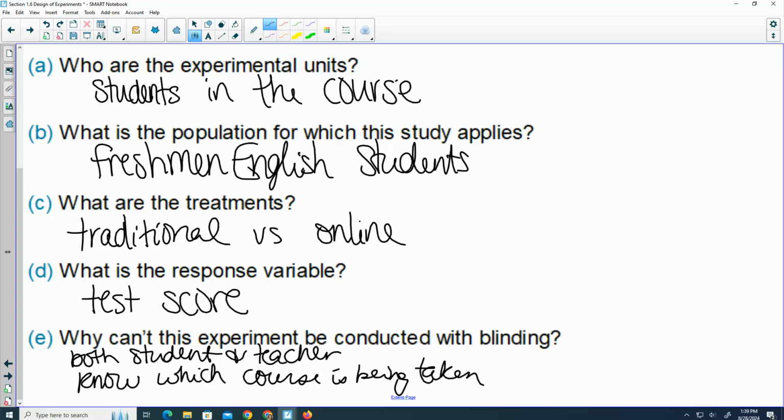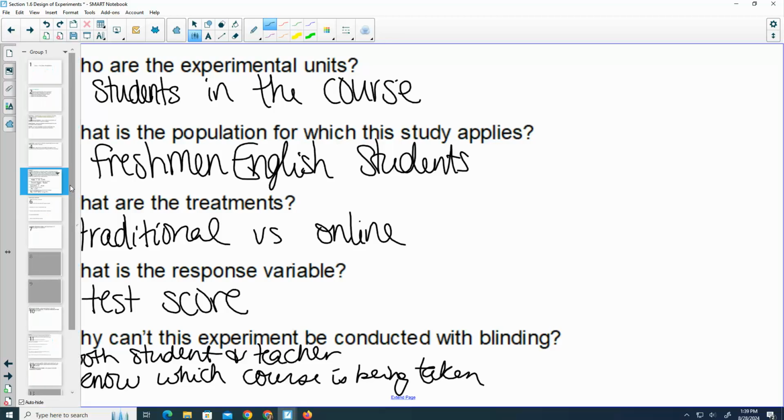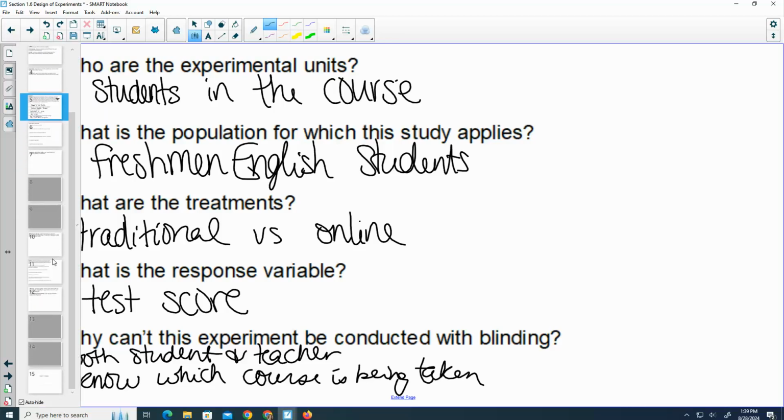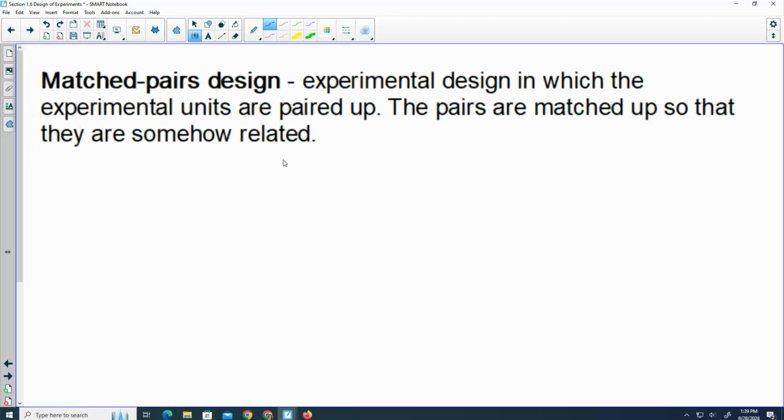Okay, I am actually going to skip until we get to the last few definitions. So I'm going to skip a couple things on our example sheet, but we'll hit it later on when we use it. I want to talk about matched pairs.